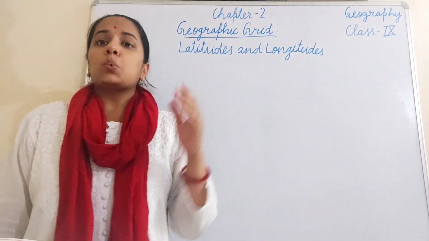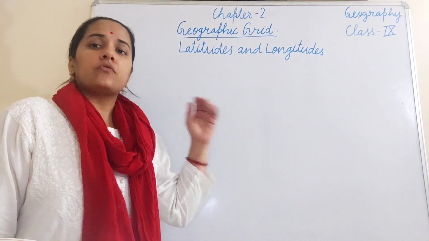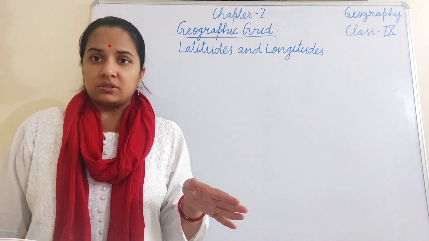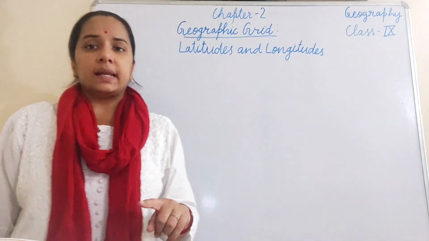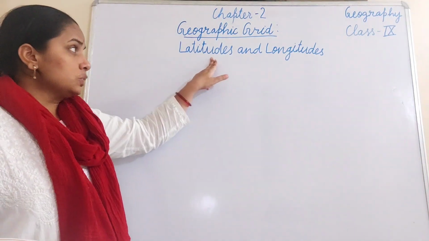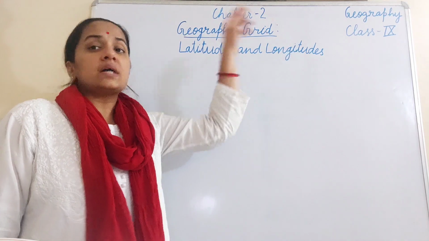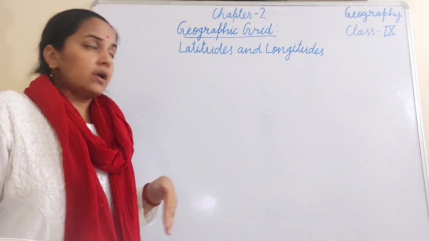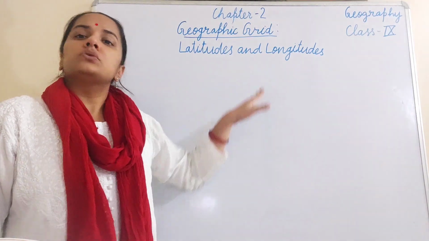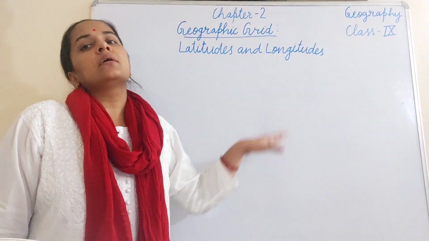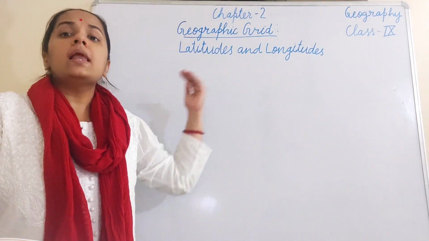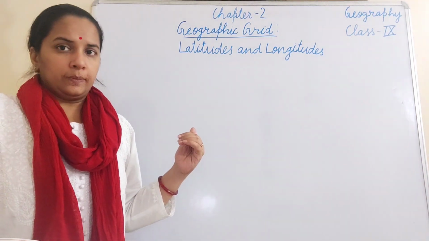The lines which run from east to west and parallel to the equator are known as the latitudes. Longitudes are again imaginary lines, but they run from north to south and converge at the North Pole and the South Pole.